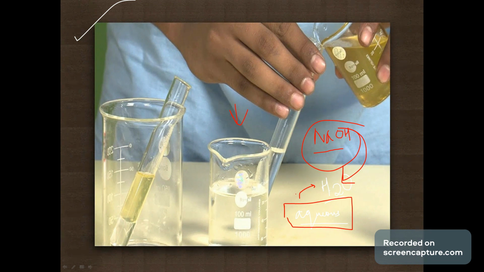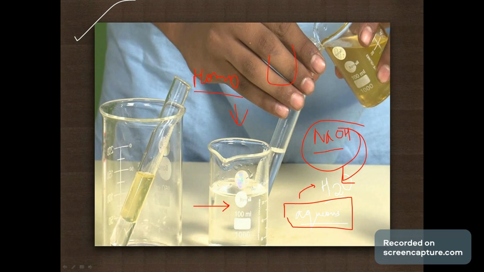In this aqueous solution of soap, if I have to extract the soap out of it, I should not let the soap dissolve in it. If it dissolves completely in the solution, it will be very difficult to obtain the soap out of it, right? If it becomes a homogeneous solution, you know that separation is not possible in a homogeneous mixture.